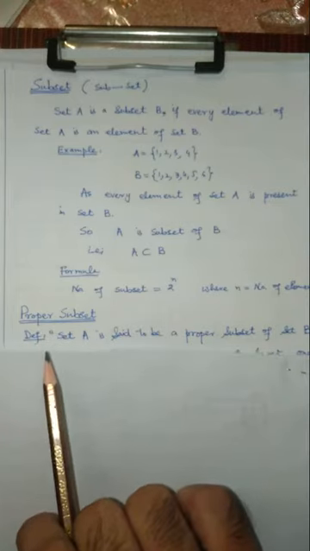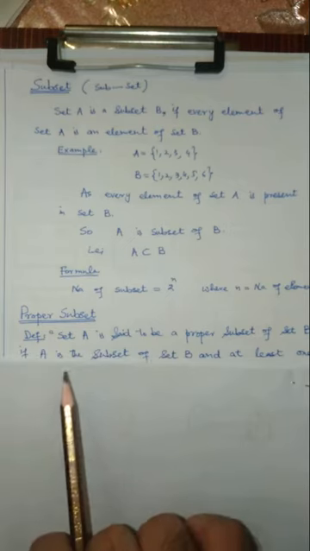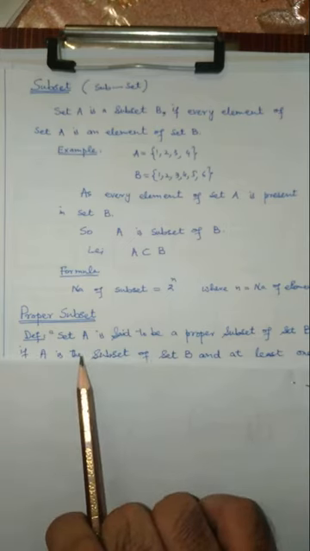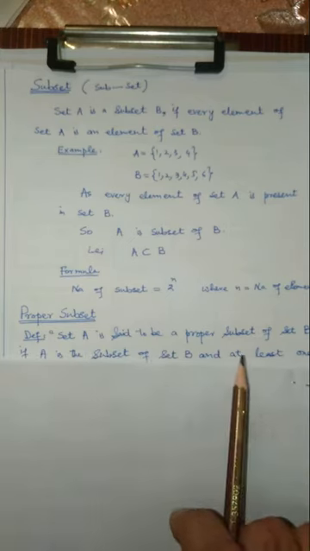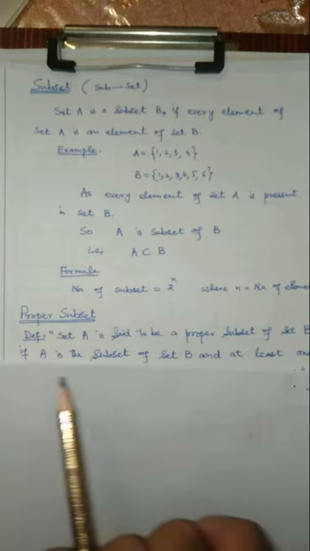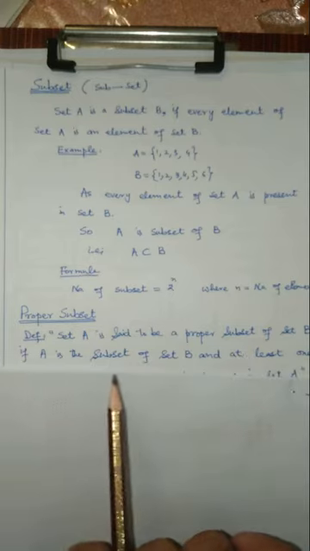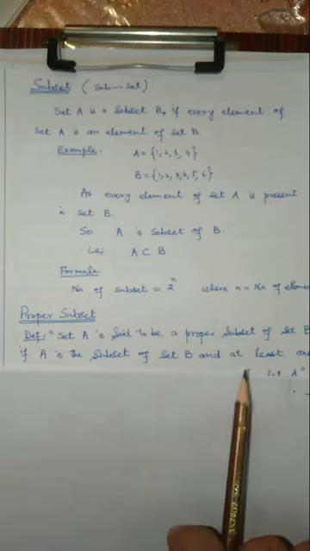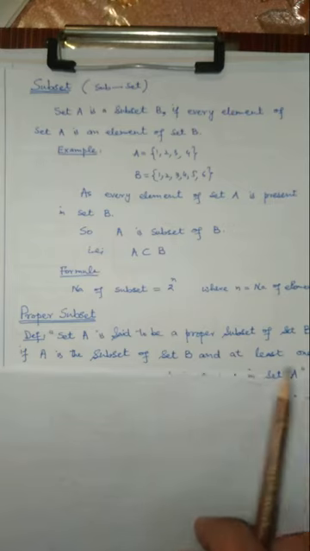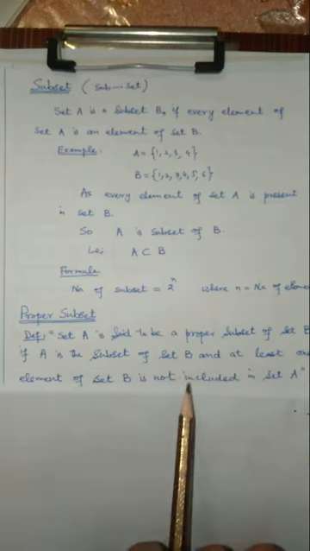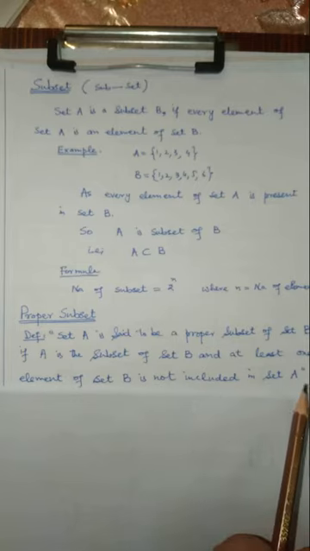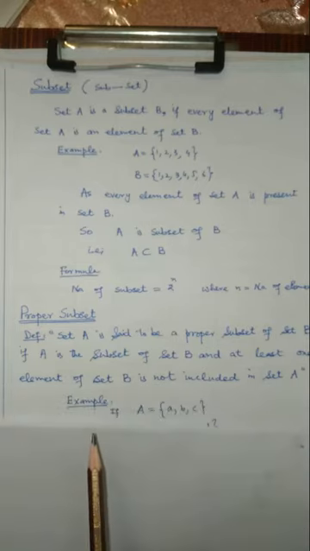What is proper subset? Definition. A set A is said to be a proper subset of set B if A is a subset of B and at least one element of set B is not included in set A, as in the above example.